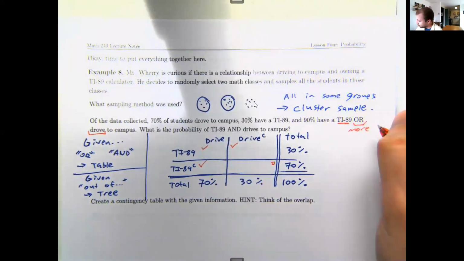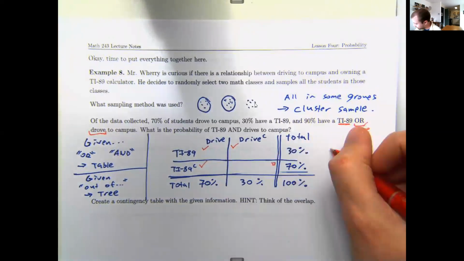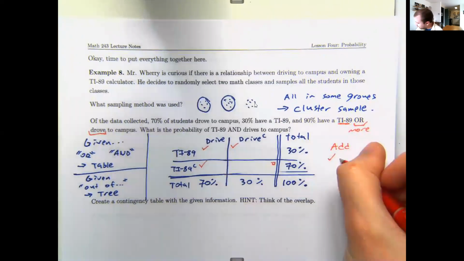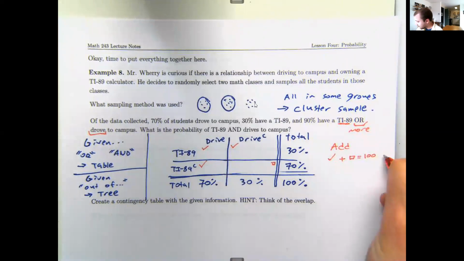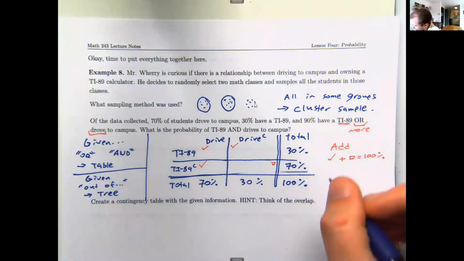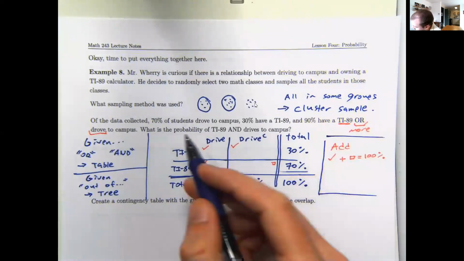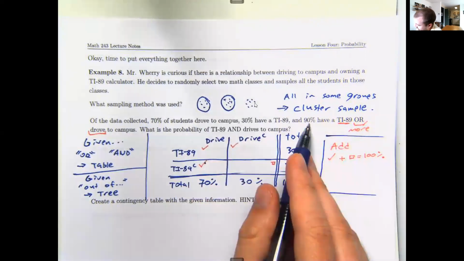I know that if I added the check mark total and that little box in the corner, everything should add up to 100%. I also know that the OR total, these three spaces, add up to 90% in total.